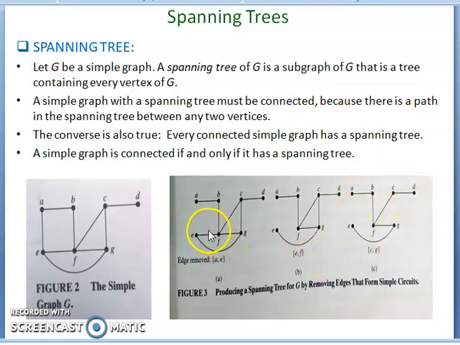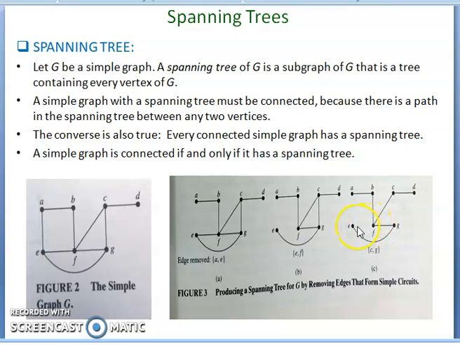For example, instead of removing this one, if you remove this, that is another. If you remove this and this also, this may be isolated, that is not connected. Hence, if you remove this one, this edge must be there.